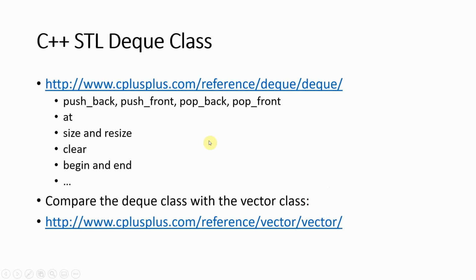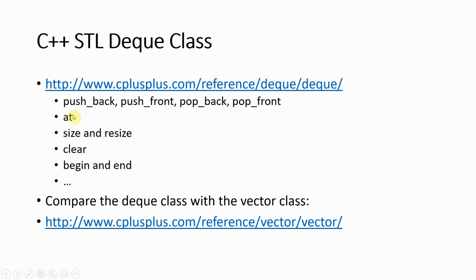Last thing I wanted to mention is that, similar to stacks and queues, the C++ standard template library has a Deque class, and it has many member functions like push back, push front, pop back, and pop front, which are the member functions that we mentioned.